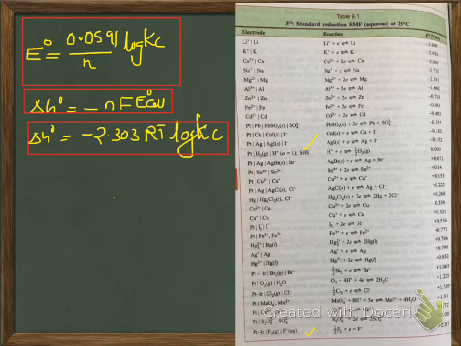In this series we have represented the species in the increasing order of reduction potential, which means the species with the lowest reduction potential is placed at the top, and the species having the highest reduction potential at the bottom. Minus 3.05 at the top and plus 2.87 at the bottom.